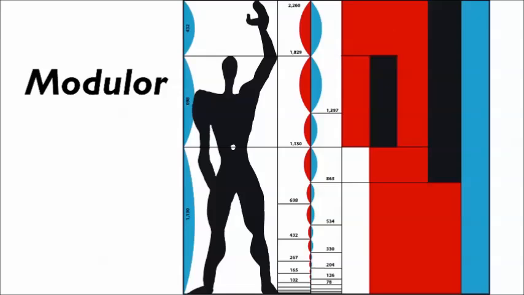So Modular Man is standing and reaching up because that's the extent of what would be comfortable or necessary in terms of spaces relating to humans. Once you get past where people are able to reach, you're out of the zone of what is functional and proportional for people using a particular space.